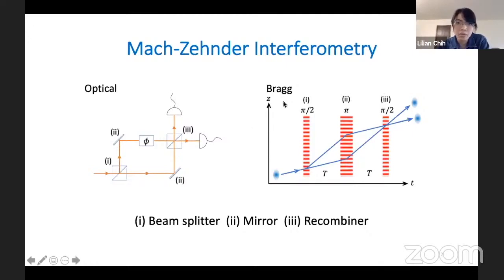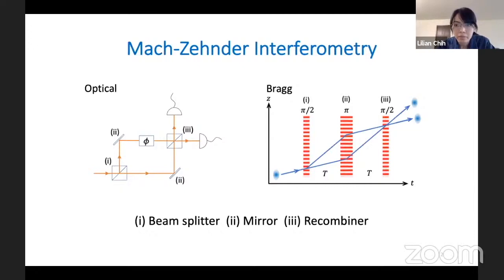And in the most common Bragg diffraction interferometer, these optical components are replaced by laser pulses. So initially, the atoms are prepared in a certain momentum state. And after the first pulse hits, the matter waves is split into two paths. And the momentum difference between the two paths is 2ħk.